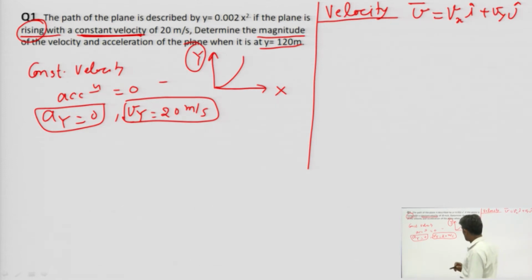The y component is given to us, only the x component we need to find. So v x is equal to dx by dt.